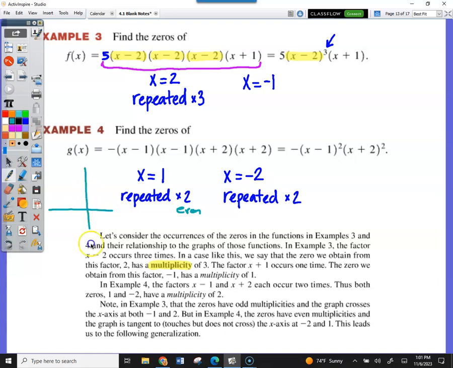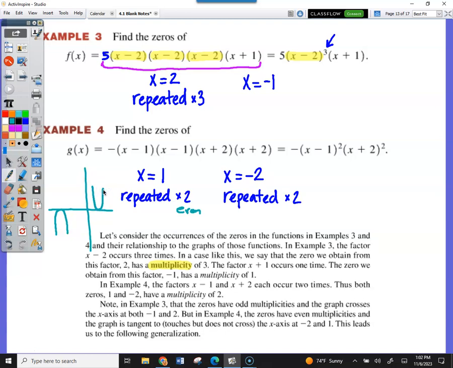All right. If it's an even repeated 0, it means the graph is coming to the x-axis and bouncing off. A mini quadratic, like a mini little quadratic. Or it can come to the x-axis and bounce off, like that.